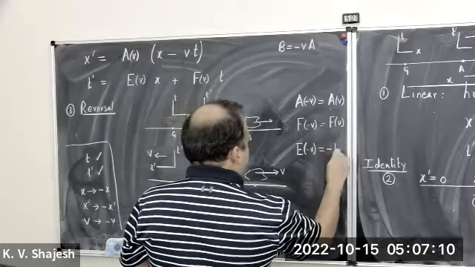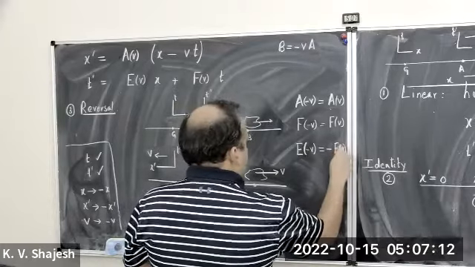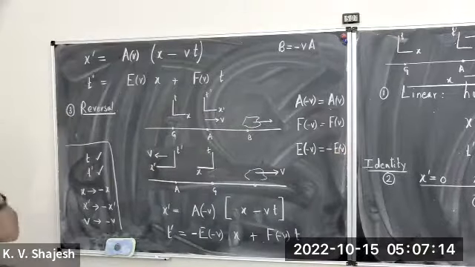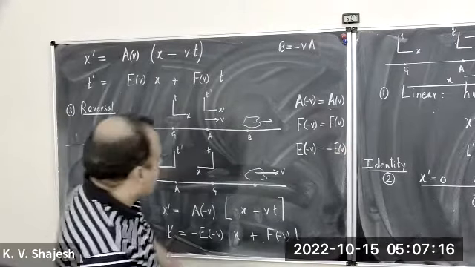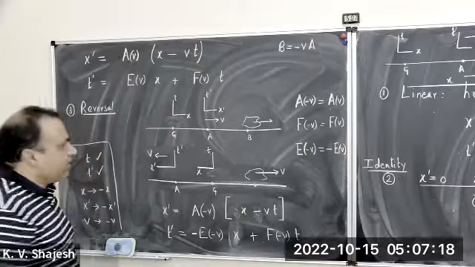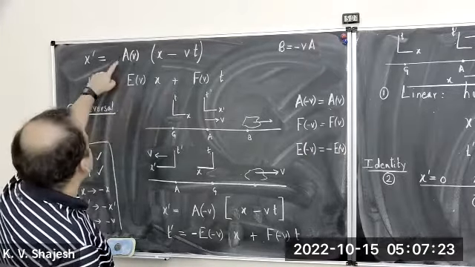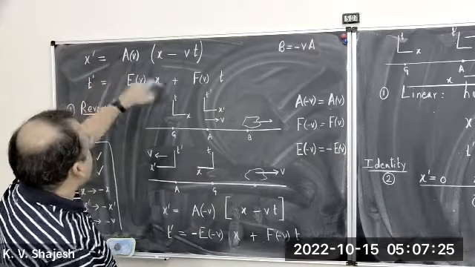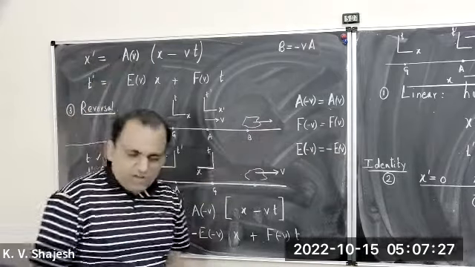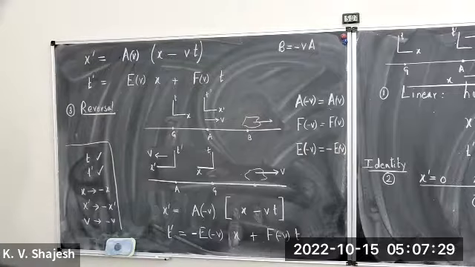This is minus of V. So that's what we can learn from this requirement. We haven't really found anything about either A, E, or F, but we at least know that this has to be even or odd. That is the only thing we have learned.